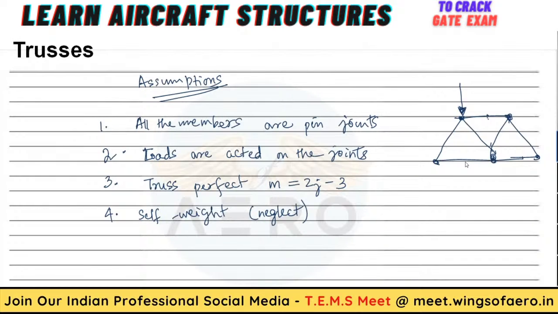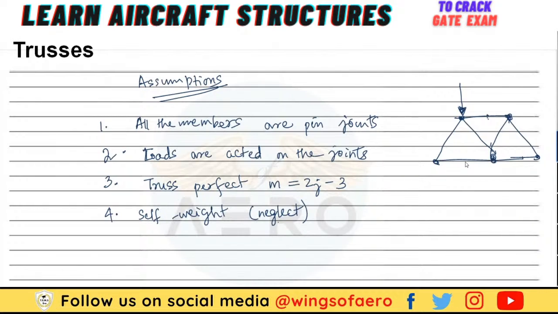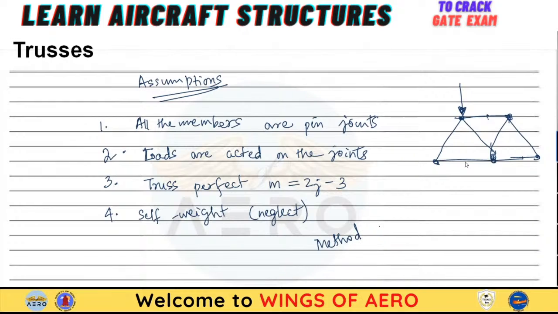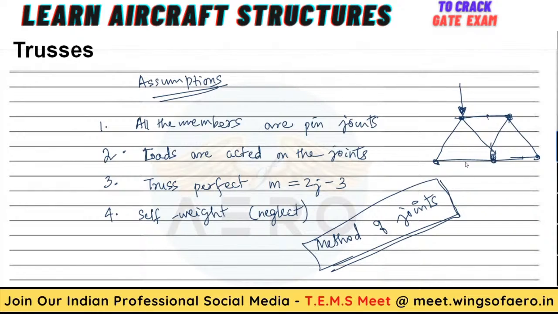These are the four important assumptions. Now there are many different types to solve a problem. Mostly we will try to solve a problem based on the method of joints, and that is a very simple method and easy to solve also.